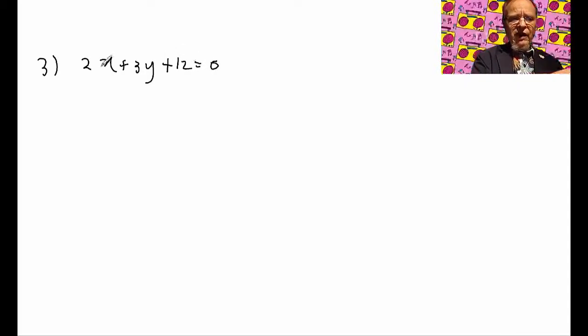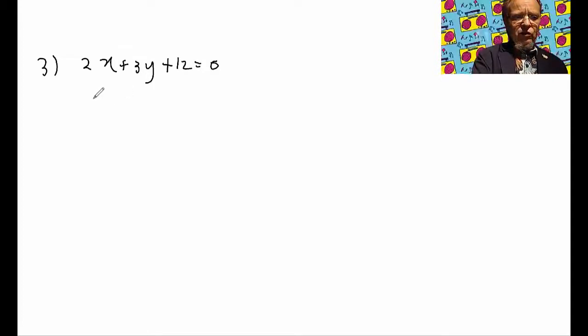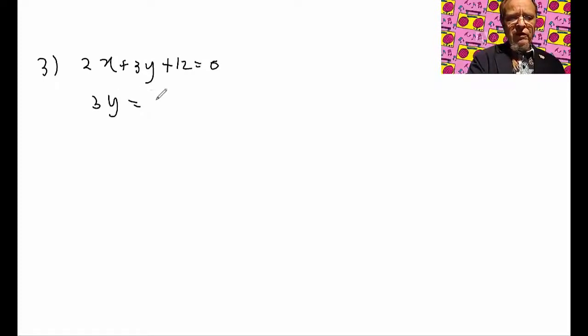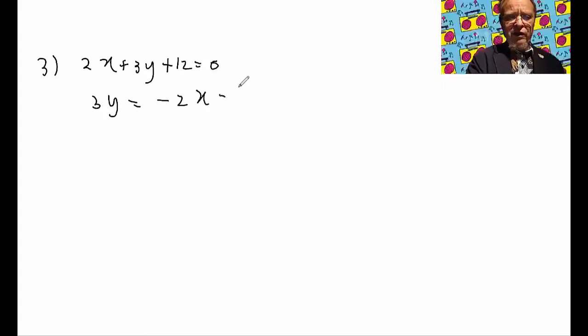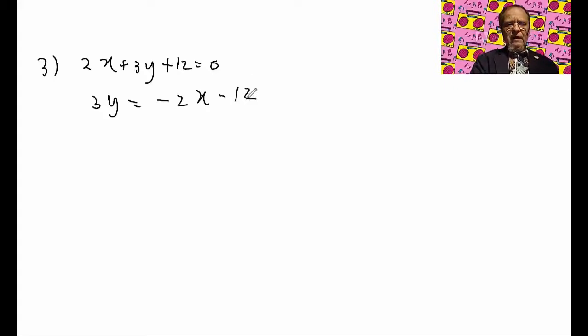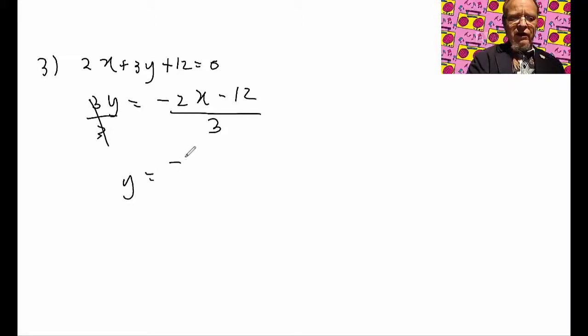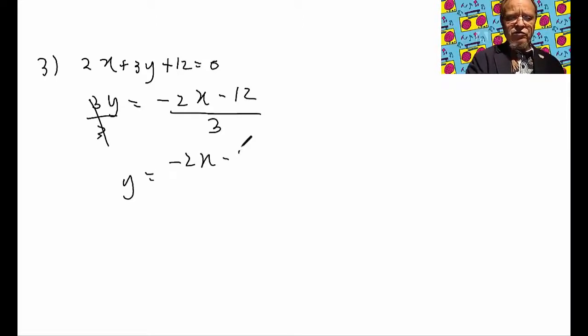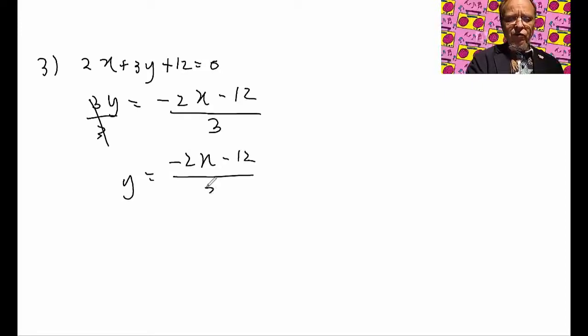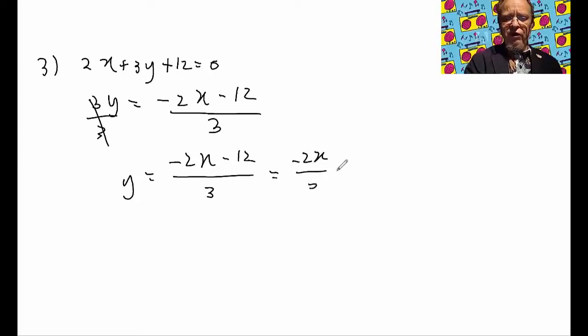So we want to take everything that isn't y and move it over. So we'll get 3y is equal to negative 2x minus 12. Then we'll divide by 3 on both sides because we want y all alone. And y is equal to negative 2x minus 12 over 3, which we can put as negative 2x over 3.